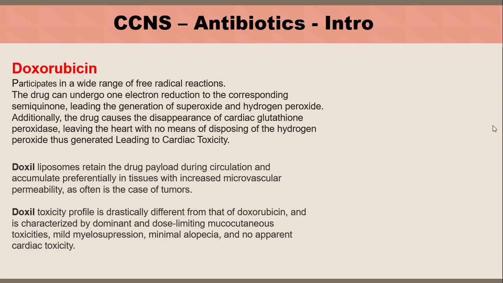Doxil liposomes retain the drug payload during circulation and accumulate preferentially in tissues with increased microvascular permeability, as is often the case of tumors. Doxil's toxicity profile is drastically different from that of doxorubicin and is characterized by dominant and dose-limiting mucocutaneous toxicity, mild myelosuppression, minimal alopecia, and no apparent cardiac toxicity.